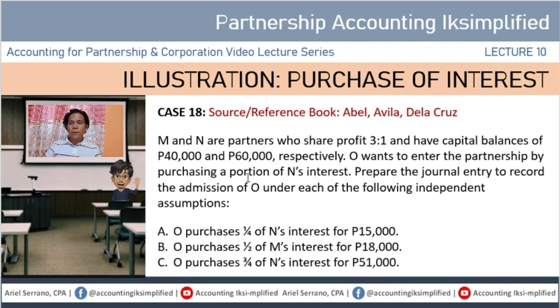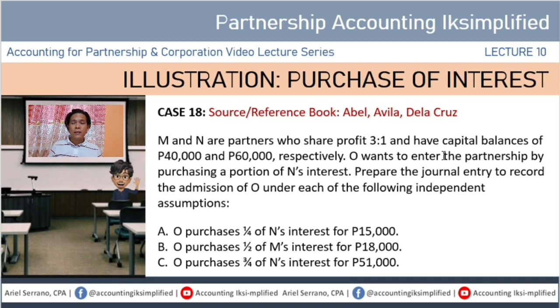Gustong pumasok ni O. O wants to enter the partnership by purchasing a portion of N's interest. Okay? And now, prepare the journal entry to record the admission of O under each of the following independent assumptions.